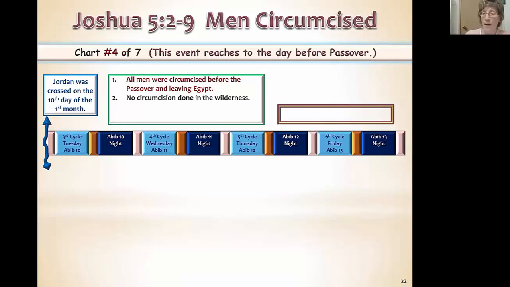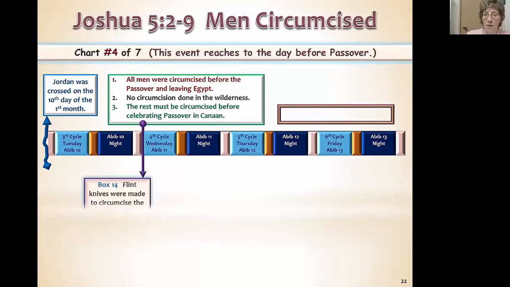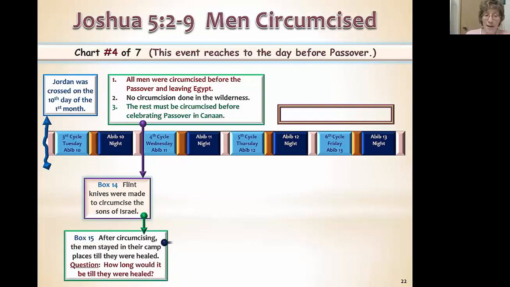So anybody that was born in the wilderness hadn't been circumcised at this point in time. So Joshua is being told that these men need to be circumcised before celebrating Passover in Canaan. So those flint knives were made to circumcise the sons of Israel. And after circumcising the men, they stayed in their camp places, as they were told to, until they were healed.